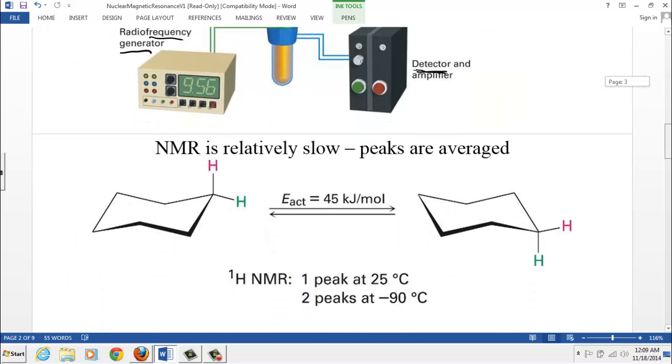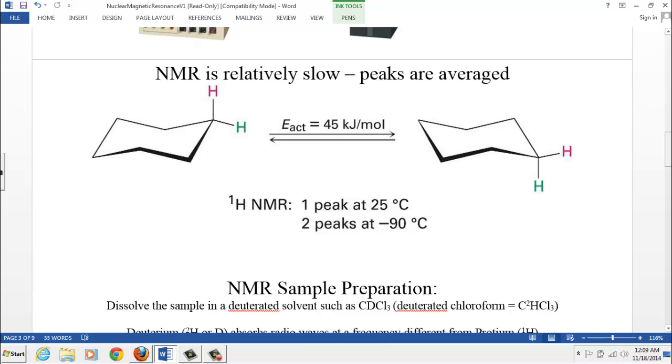Two more items that we'll just kind of briefly talk about. Over here we got cyclohexane showing the chair conformation. And we got an axial hydrogen here, and we got an equatorial hydrogen here.